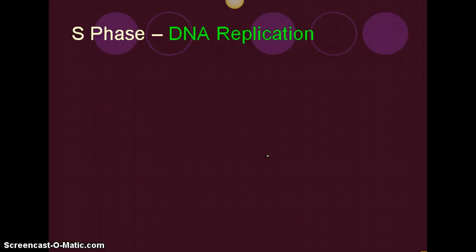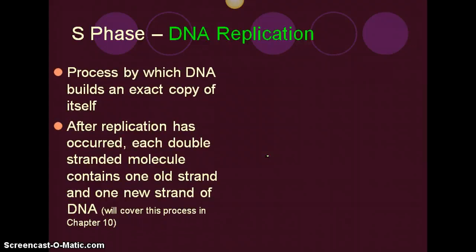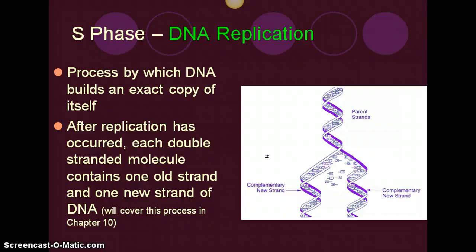Okay, so make sure you're writing in what happens. G1 is the growth phase. S phase is DNA replication, where DNA builds an exact copy of itself. We're going to get to this a little more in chapter 10, and we'll talk about how this happens. But what happens during replication, as a general model, is that the double-stranded new molecule will contain one old strand and one new strand of DNA.